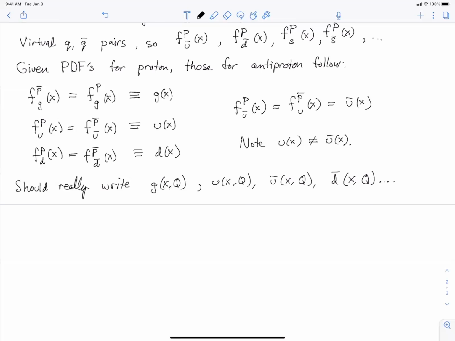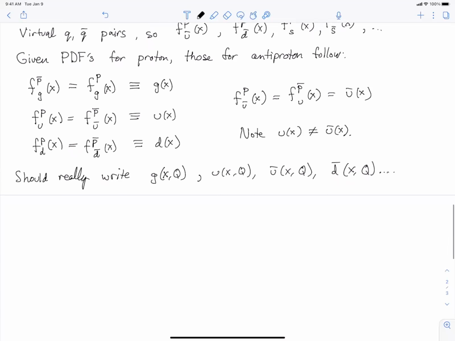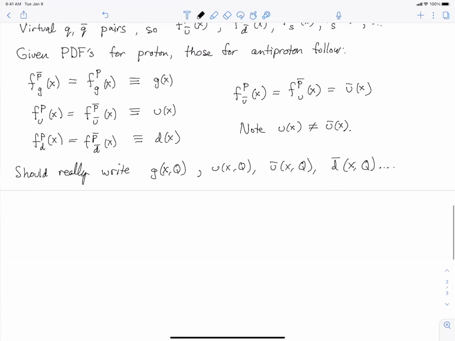Okay, so there's this factorization scale, and there's also a renormalization scale that goes along with the couplings, and it's a very common thing to set them equal. So you set the factorization scale, which we call Q, equal to the renormalization scale for the couplings in the theory.